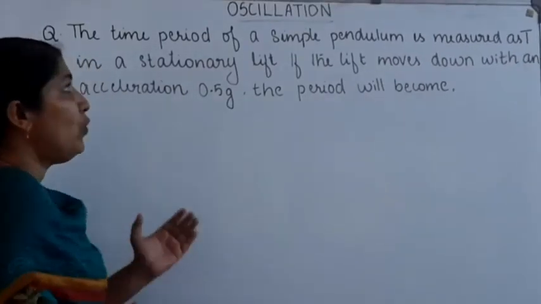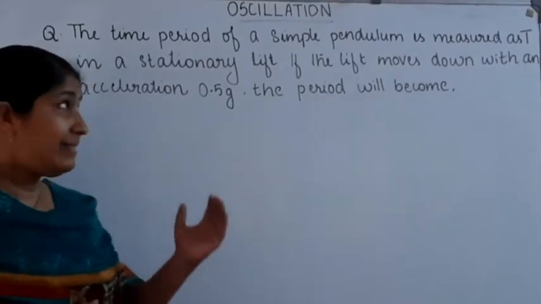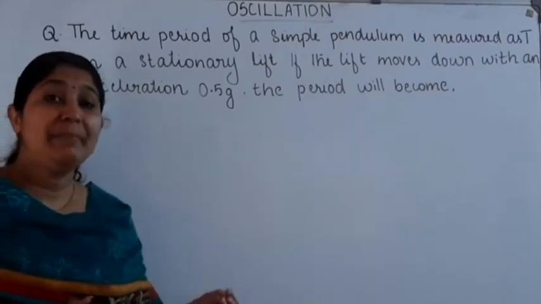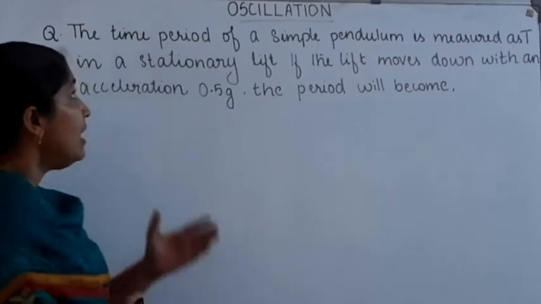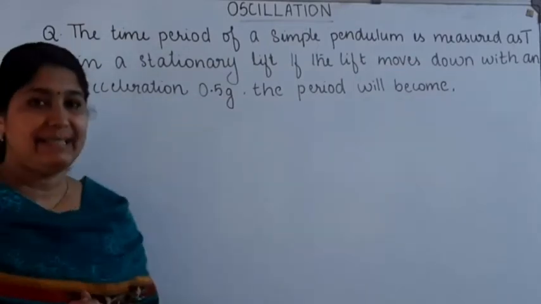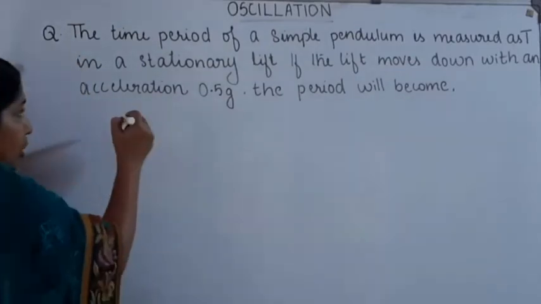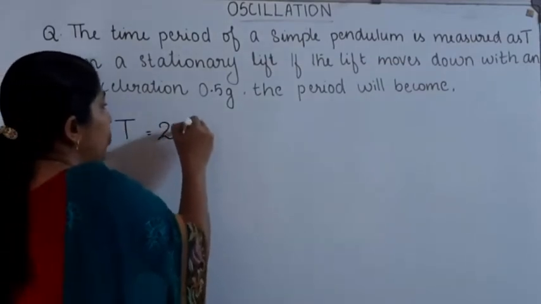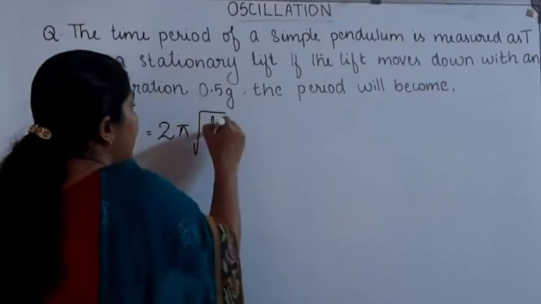Next question. The time period of a simple pendulum is measured as T in a stationary lift. When the pendulum is in a stationary lift, the time period is equal to 2 pi root of L divided by g.